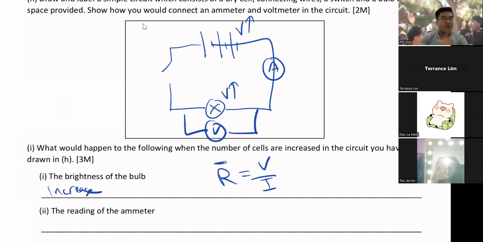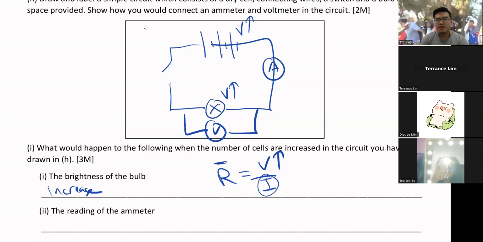Resistance doesn't change, but my voltage increases. My V increases, so what happens to the I? When my V increases, what happens to my I? Increase or decrease? In physics, you deal with a lot of explaining using formulas.